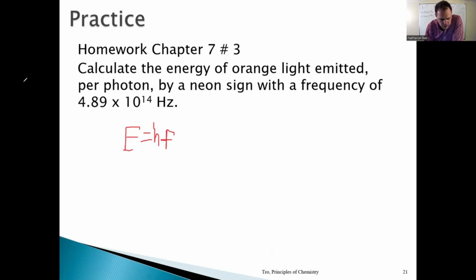And H is 6.626 times 10 to the negative 34th joules times seconds. So go ahead, copy that down, try it, see if you can solve for that energy.